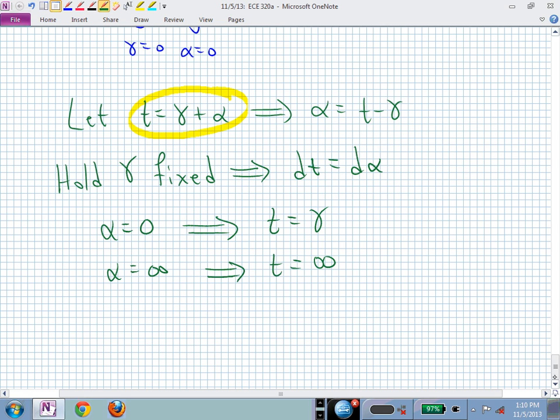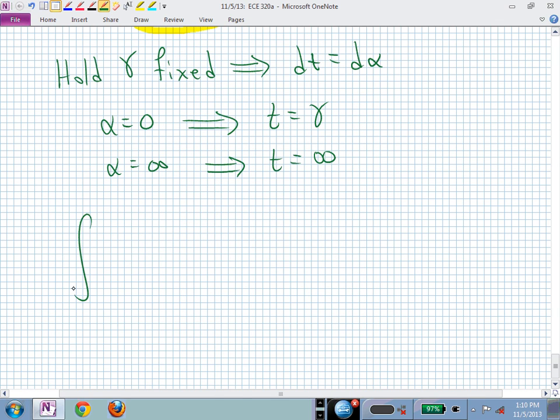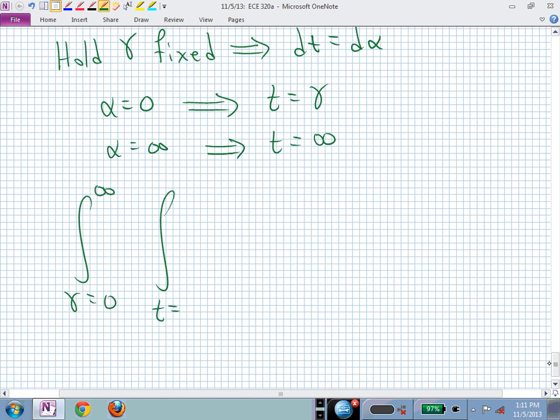Now I'm going to say, let me have gamma fixed, and while gamma is fixed, I'm going to integrate with respect to it last. Now when alpha was 0, which was the lower limit, I have t lower limit equal to gamma. And the upper limit, alpha to infinity, is t to infinity.